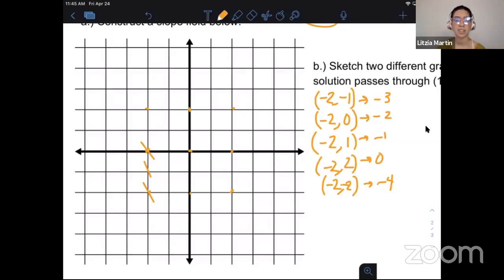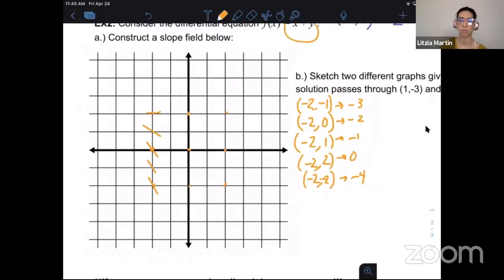These are just rough sketches, so it may be a little off, but we get a good idea. -2, 1 is -1, so it's not as steep as the one right below it. And then we get to -2, 2, which is 0. So there we have the progression. We see that one column is not going to do enough for us to get the full picture.